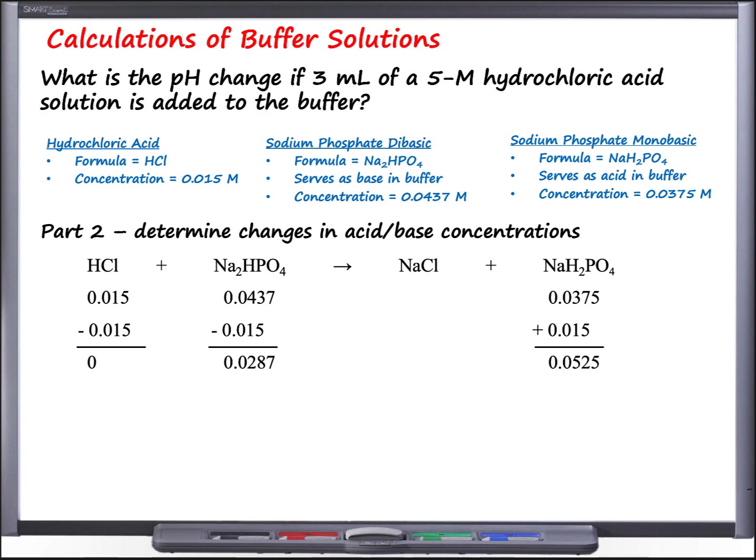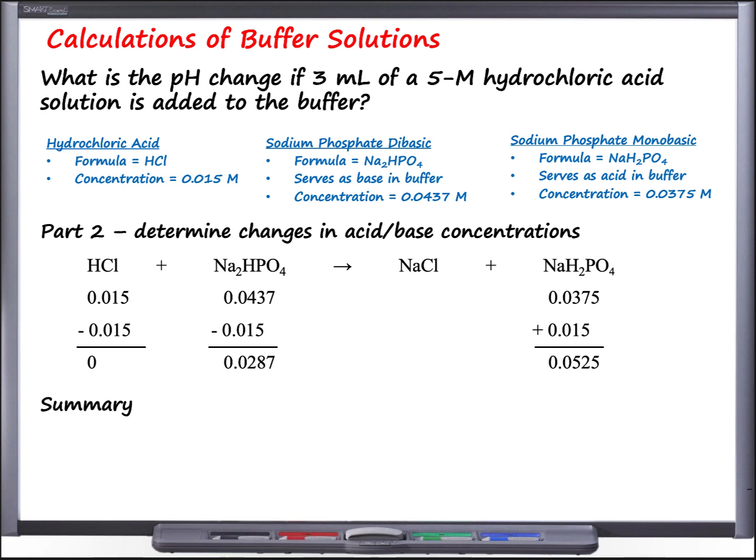On the other hand, for every dibasic that gets used up, we actually create a monobasic. So we increase the monobasic sodium phosphate by the same concentration of the hydrochloric acid we've added. So we're going to add 0.015, so that we increase our monobasic sodium phosphate concentration to 0.0525.